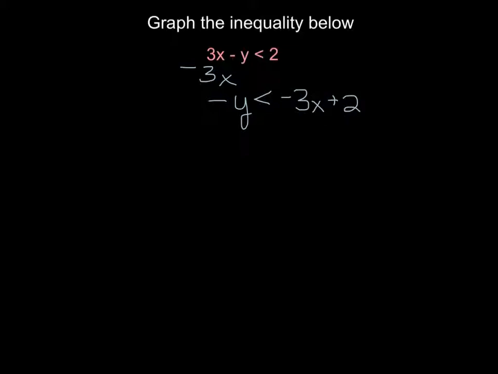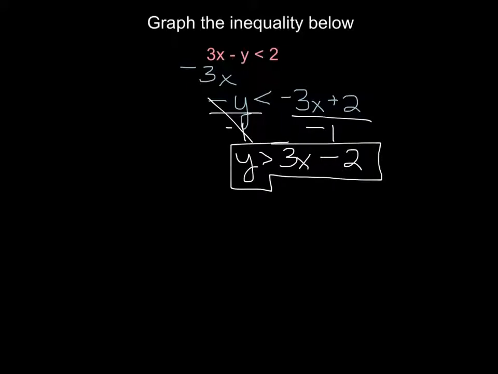I wrote it this way because you typically want your variables to be first in an expression. Now you have to divide both sides by negative 1. When we divide both sides by negative 1, our inequality flips. So we are left with y is greater than 3x minus 2.